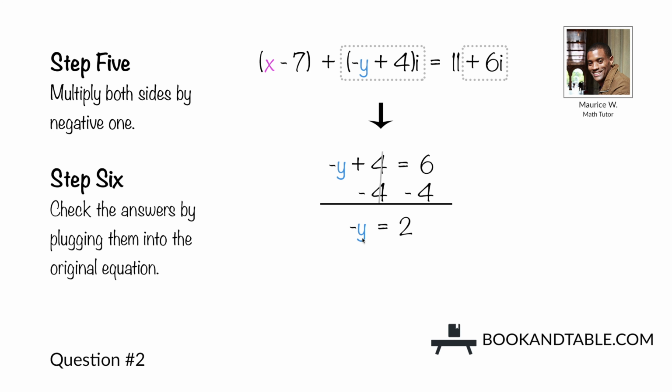And now to get positive y, we'll want to multiply both sides by negative 1 to get rid of this negative coefficient here. So by multiplying both sides by negative 1, we get negative 1 times negative y, which is y. And on the right side, we get 2 times negative 1, which is negative 2. So we get y is equal to negative 2.